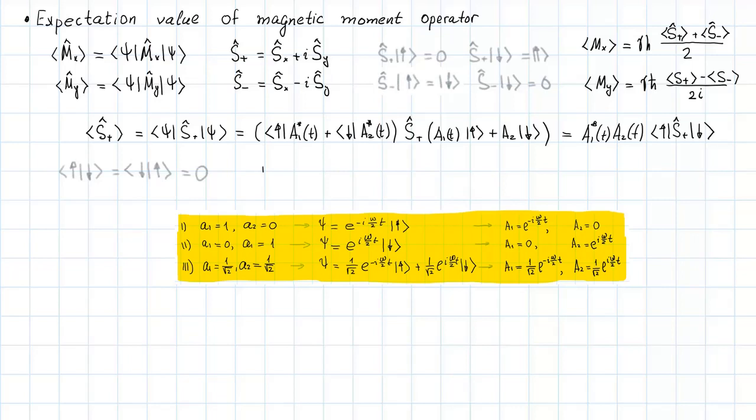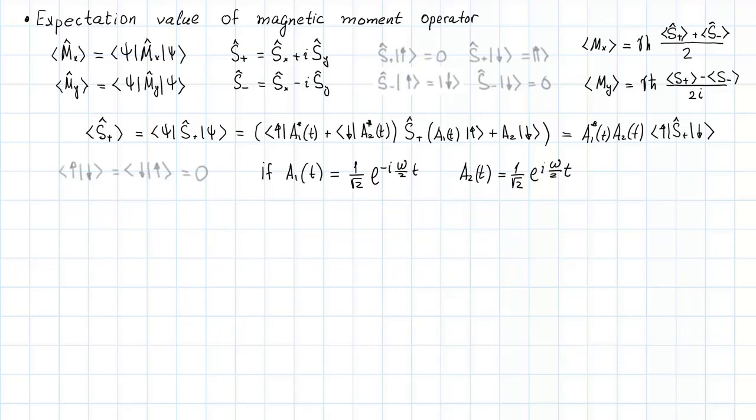In the third case, we have the capital A1 equal to 1 over square root of 2 multiplied by the exponential function, and the capital A2 coefficient is equal to the complex conjugate of A1.